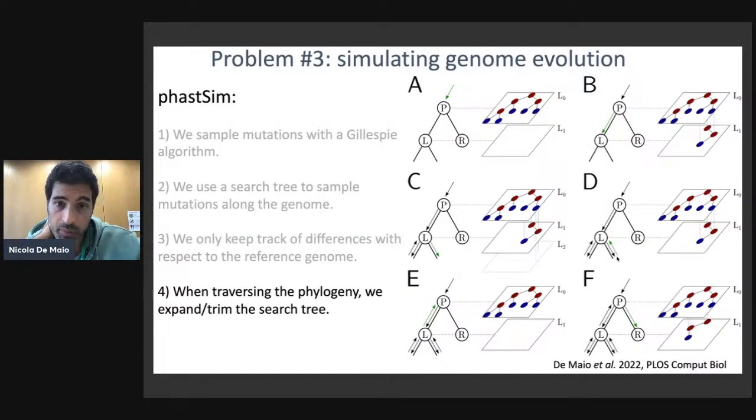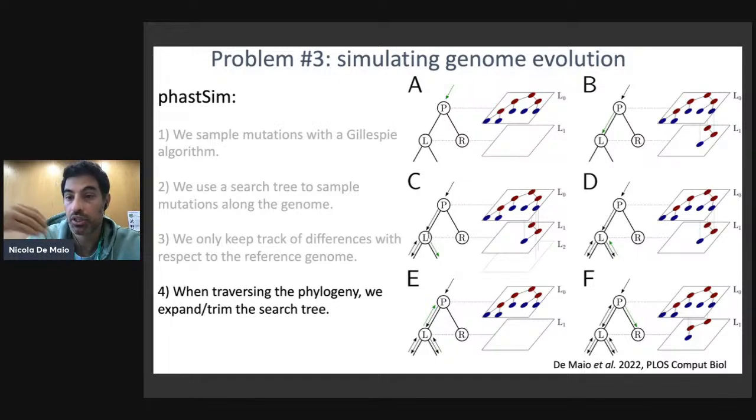And the really tricky part comes when you want to take into account the fact that the genome is evolving along the phylogeny, and so your search tree for the mutations is also evolving along the phylogeny. So if you have at each step, as you move, for example, here from the parent to a child, a mutation somewhere along the search tree, which means now you have a new genome with new mutation rates that you pass to the left child.